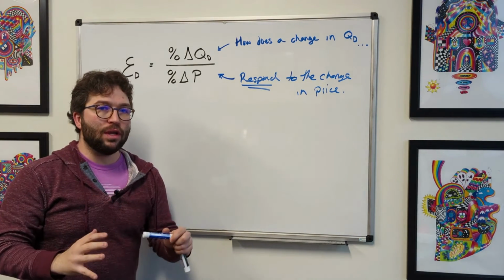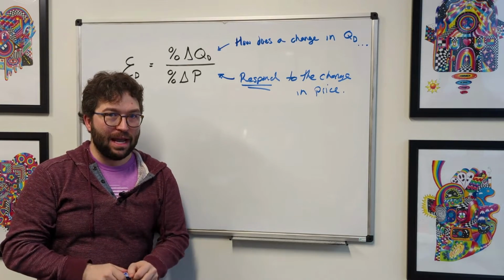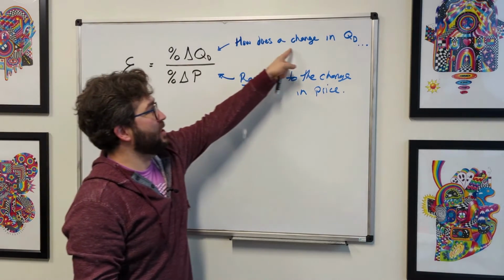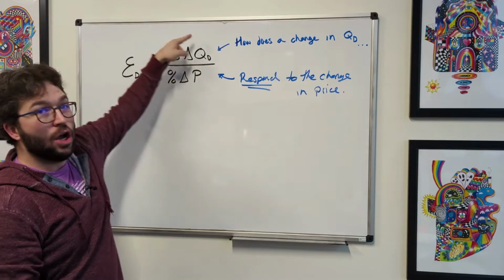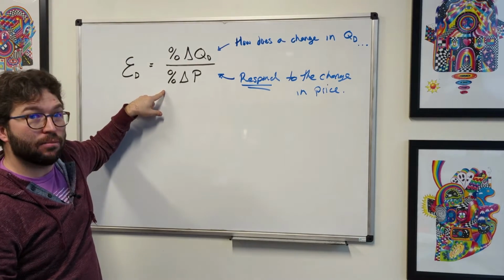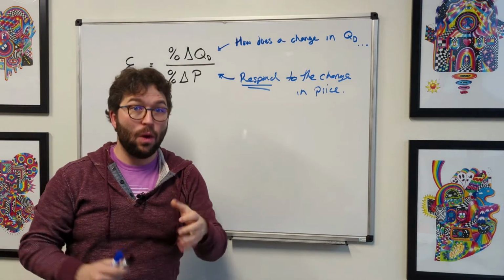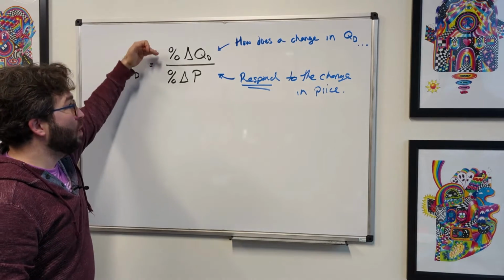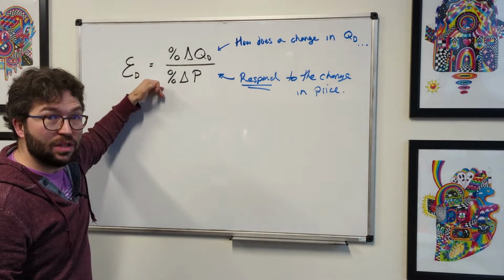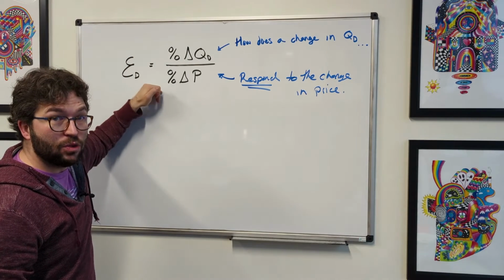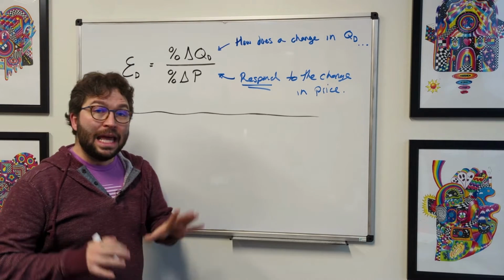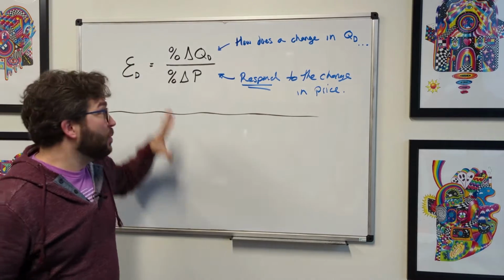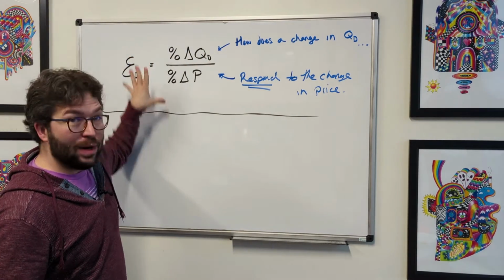So when you're looking at the elasticity of demand, if you can think of how does a change in the quantity demanded respond to a change in the price, you'll know A, what we mean by price elasticity of demand, and B, which one goes on the top, which one goes on the bottom, which one's the numerator, which one's the denominator.